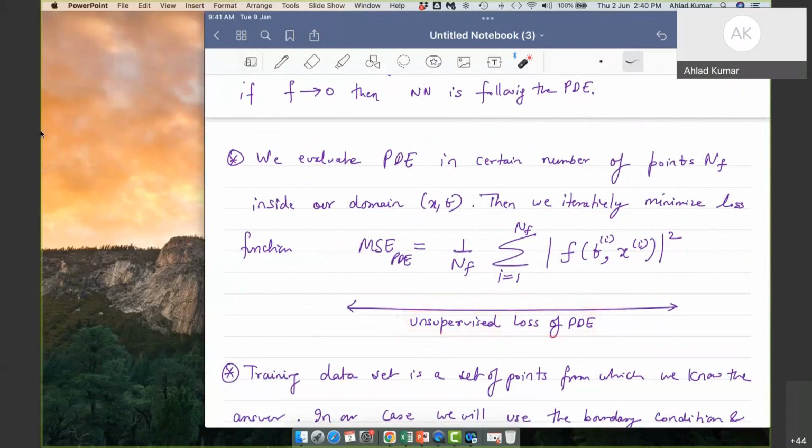Why is it called unsupervised? Because the actual labels are not available to us. That is the challenge. It's not the same as the one we were discussing last time, that is y minus y hat. That's why we have to come up with some other loss function. This is also called the unsupervised loss function for the partial differential equations.